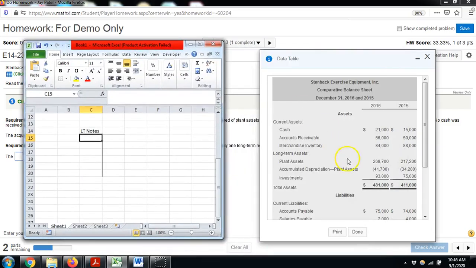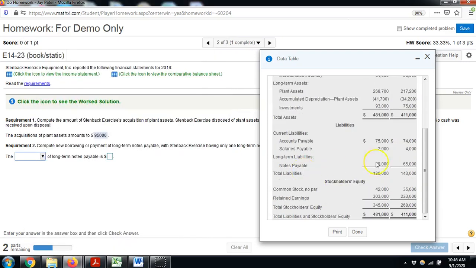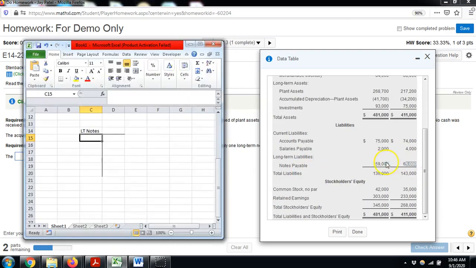So again, we have a beginning balance, 65,000, and then an ending balance of 59,000. And we're told that there's only one transaction that happened in the year. So it must have been some kind of debit, meaning a payment on this note payable.